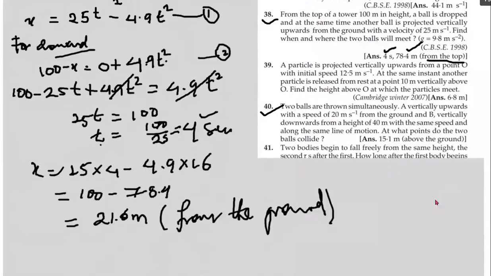Here is a question: two balls are thrown simultaneously, that means at the same time. A is thrown vertically upward with a speed from the ground, and B vertically downward from a height of 440 meters with the same speed.